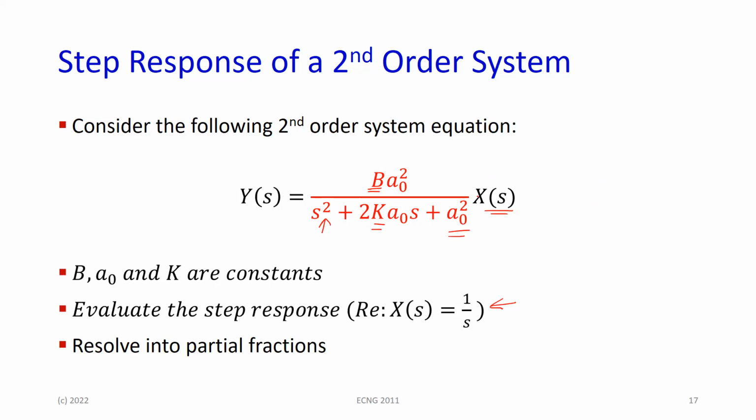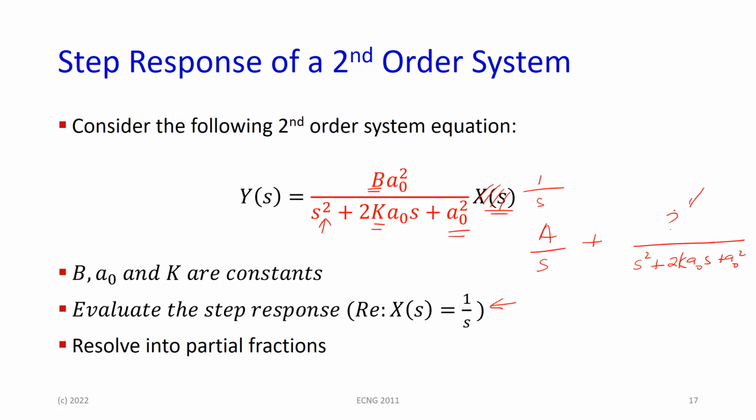If X(s) is 1 over s, I'm going to get this times 1 over s. If I resolve this into partial fractions, I'm going to have something over s, and then something over s squared plus 2k a0 s plus a0 squared.